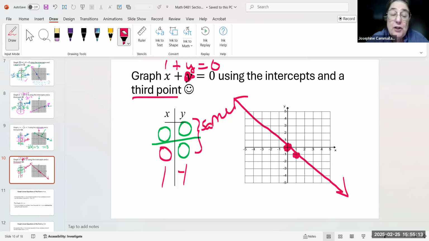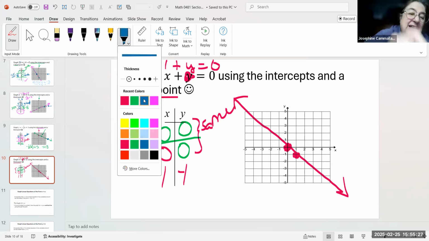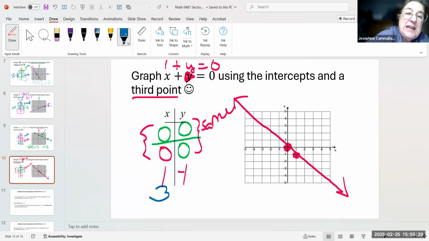Now, you might want to try and make a 4th point, because these 2 technically are the same. If I picked, and I'm just going to say 3, I know this has got to be negative 3, which would be right here, a blue point. Do you see it's on my red line? It helps me make sure that I have the correct line.